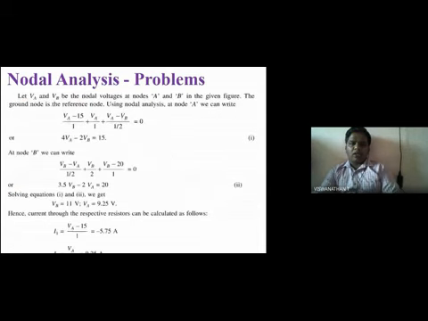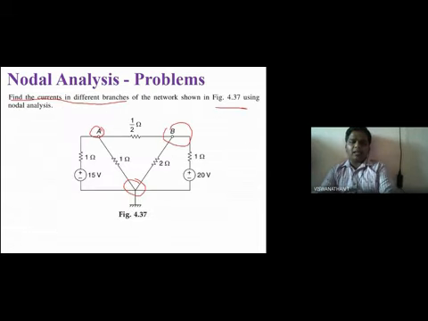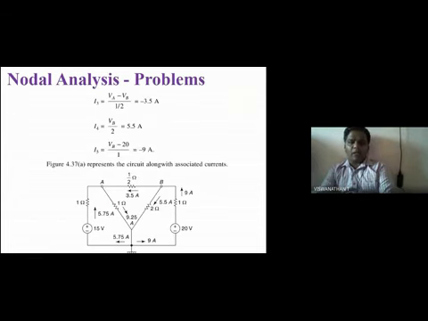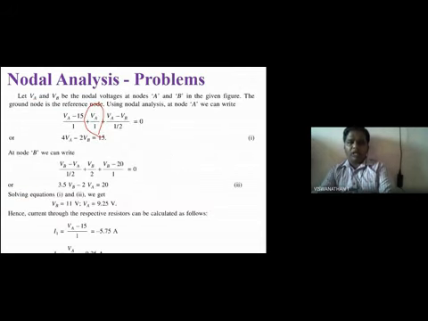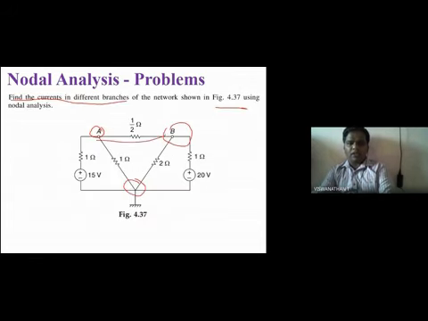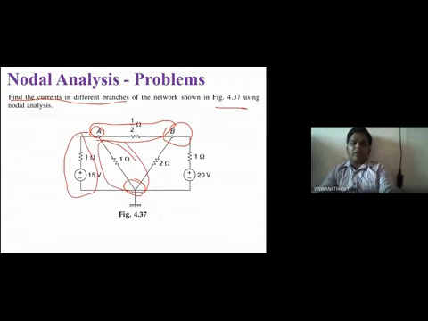The first one: (VA minus 15) divided by 1, then VA divided by 1, then (VA minus VB) divided by half. Note this is VA minus VB by half. You can straight away write the second equation: (VB minus 20) divided by 1, then VB by 2. Only two elements are there.